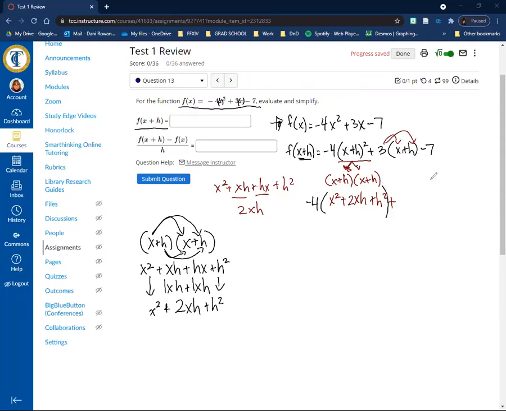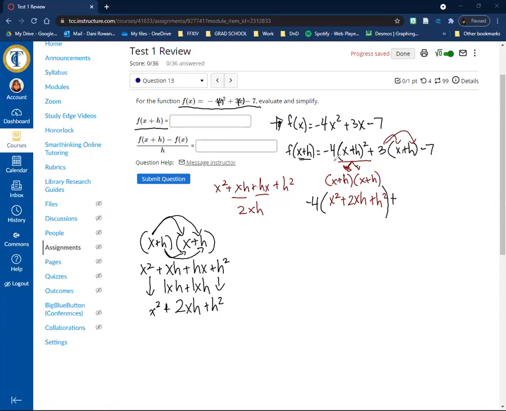Oh, I think I'm looking at this like reverse. I think I'm trying to plug in the -4x squared for the f of x plus h, not the x plus h into the -4x squared. If you know what I'm saying? Yeah. So just remember, when you're plugging something in for x, that's going to go in parentheses.